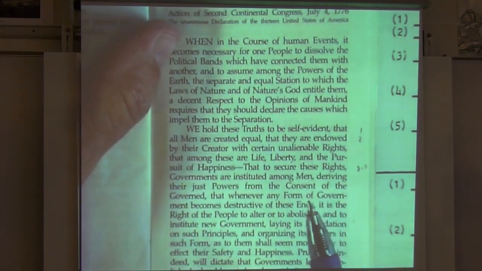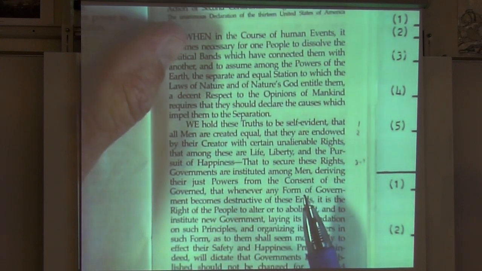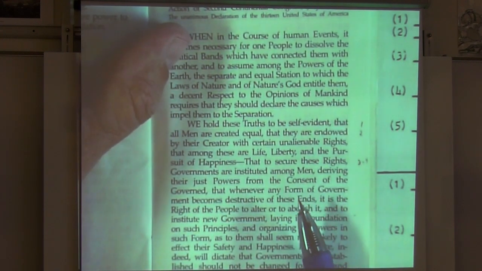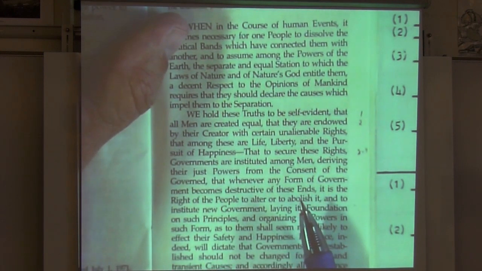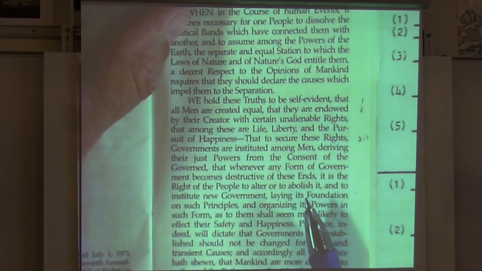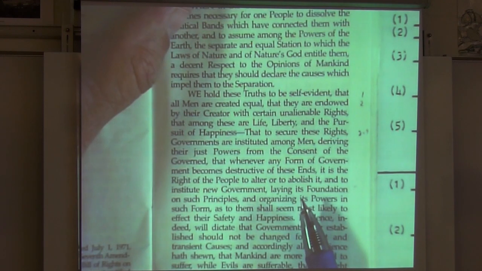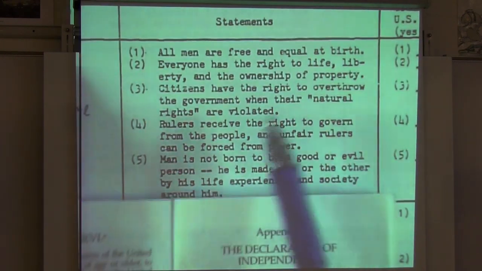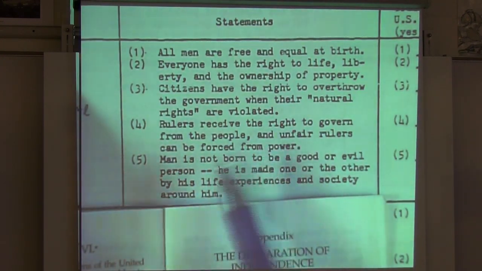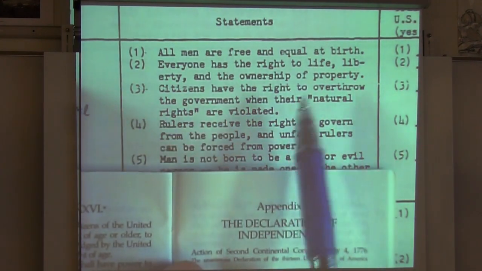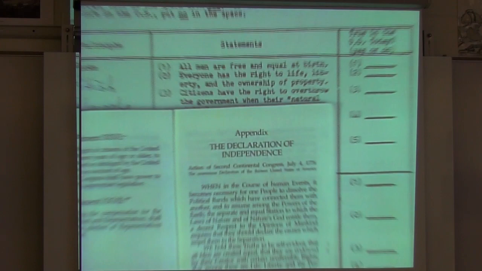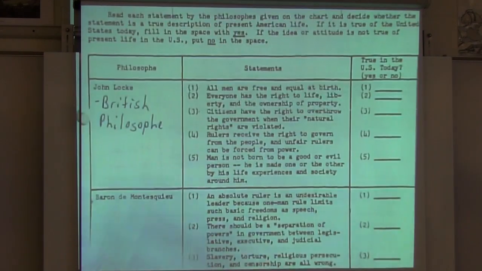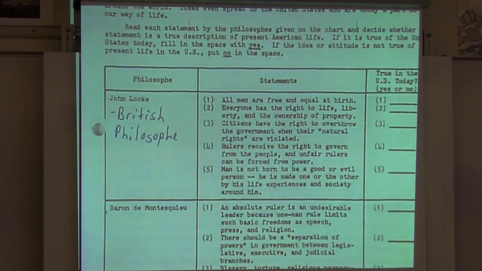To secure these rights, governments are instituted among men, deriving their just power from the consent of the governed. That whenever any form of government becomes destructive of these ends, it is the right of the people to alter or abolish it, and to institute a new government. Rulers have the right to govern from the people. Unfair rulers can be forced from power. Discussion of natural rights. We all know that Thomas Jefferson was the writer of the Declaration of Independence. Look who was super influential on Thomas Jefferson. This guy, John Locke.